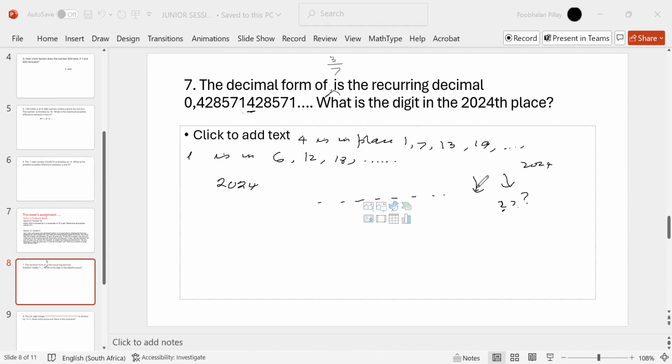The one before that is 2023rd, 2022nd, and so on. But we know that a multiple of 6 will have a 1 in it. So we look for how many 6s are there in 2024. So when you divide this by 6, you get, I think, 337.